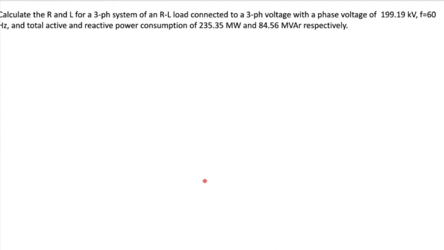Let me just clear everything. MVA is, that's MVA, megawatt squared plus megavar squared, then you take the square root. Is that okay?